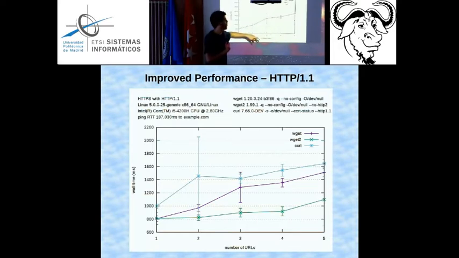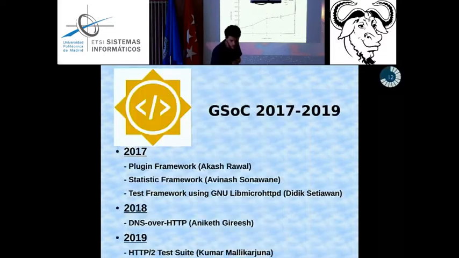Even with a good connection nowadays, WGET2 is still faster than WGET1. And currently it's somewhere there. So it's still there. That's what I want to show.